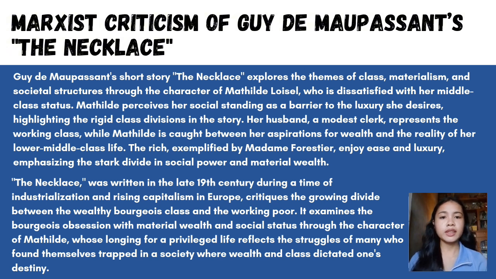So, this story critiques this divide by showcasing Mathilde's obsession with material wealth and her belief that luxury equates with happiness. Moreover, her dissatisfaction reflects the social and economic tensions of the time, as the story addresses the inequalities and class struggles that were prevalent during this period.